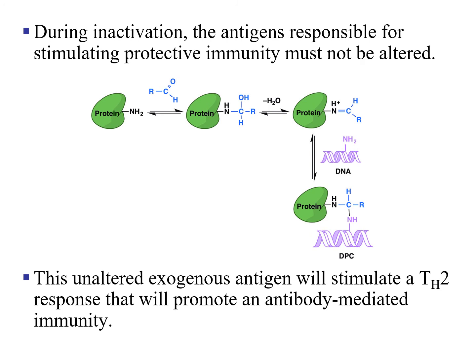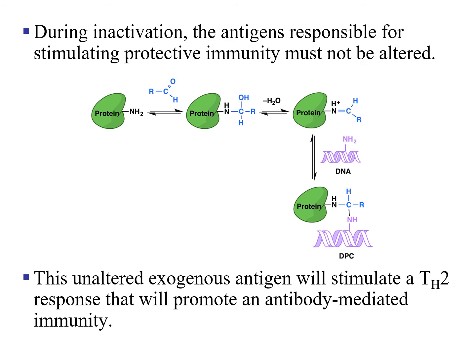During inactivation, the antigens responsible for stimulating protective immunity must not be altered. So when you are killing this virus, you want certain proteins, certain antigens to not be affected. You want those antigens to still be available so that you can appropriately build an immune response against them.